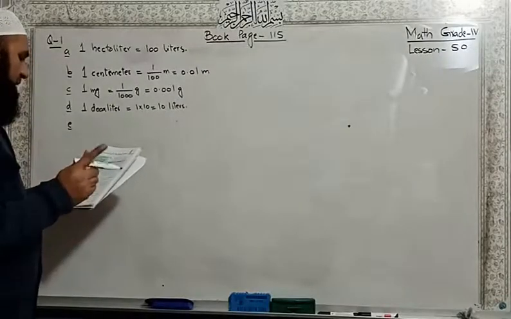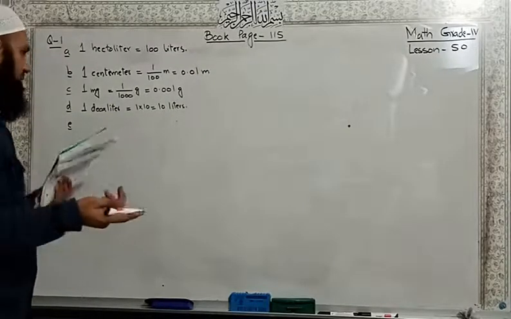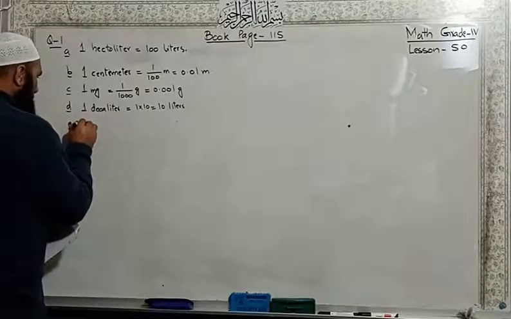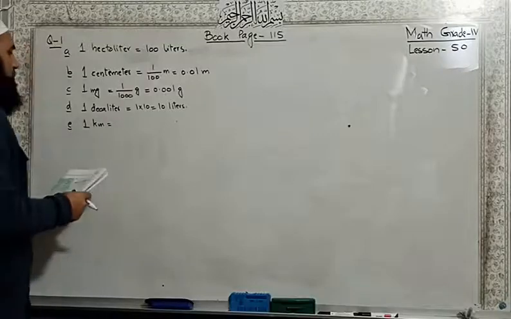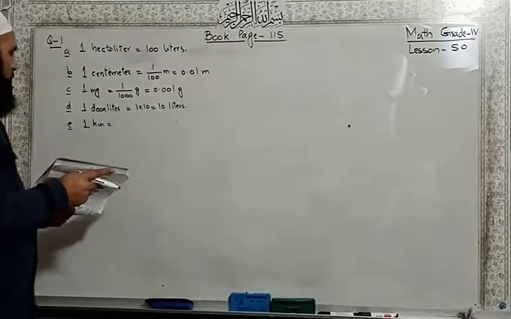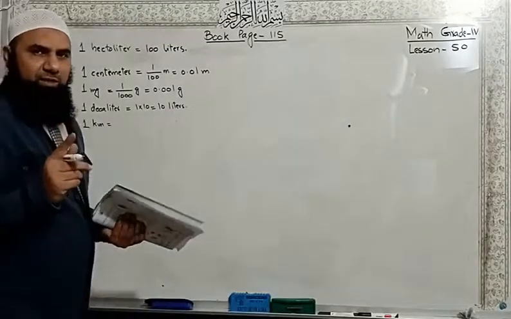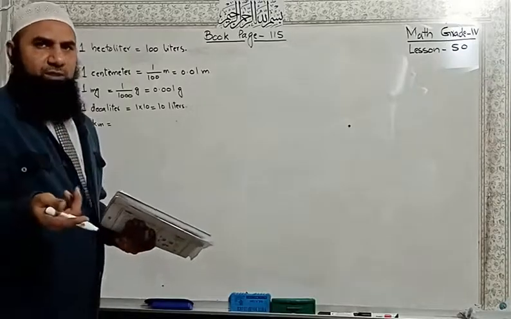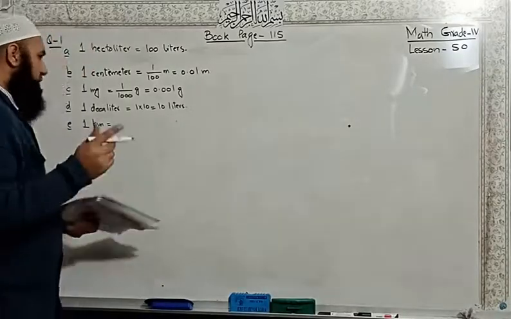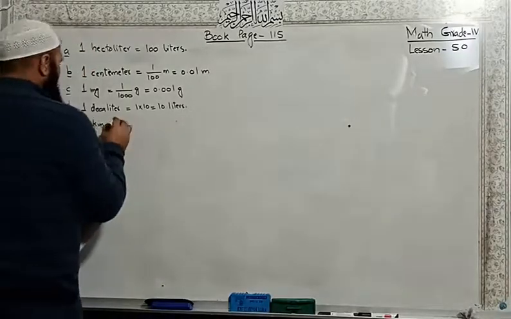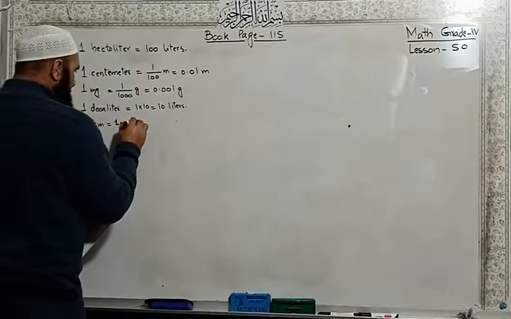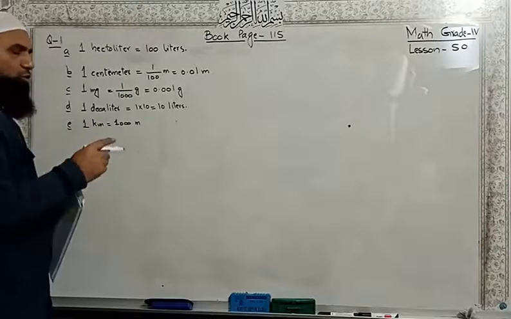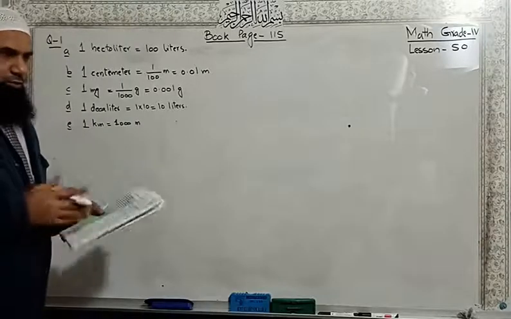Question number E. 1 kilometer is equal to how many meters? We know that when we multiply 1 meter with 1000, we get 1 kilometer. So 1 kilometer will be equal to 1000 meters, and 2 kilometers will be equal to 2000 meters.